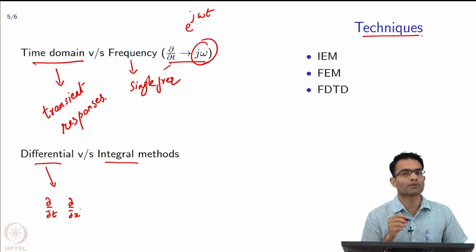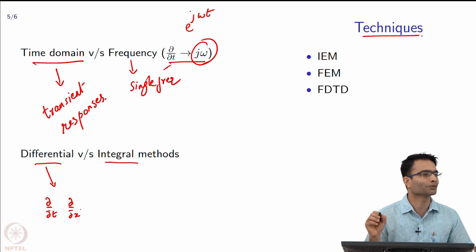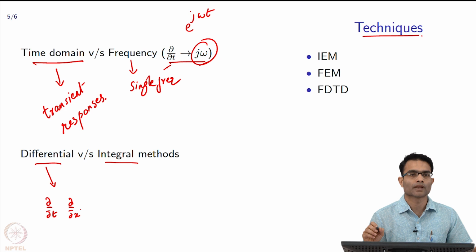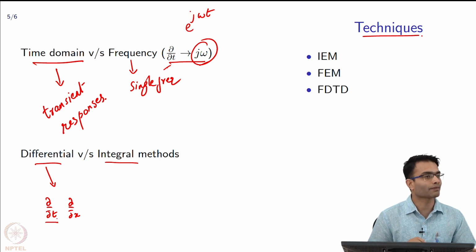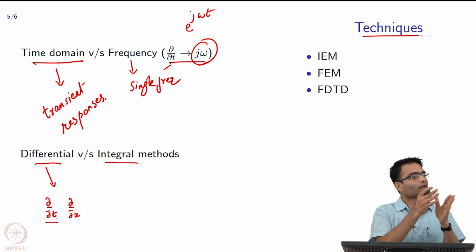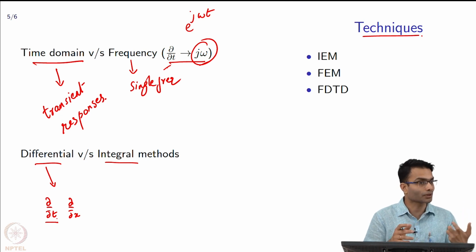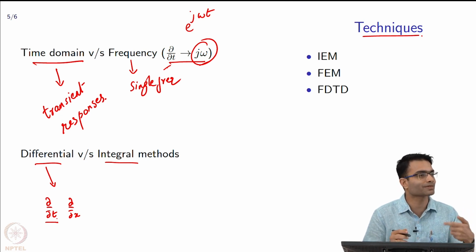If you were to solve this numerically, what would you do intuitively? If there is a derivative in time and you want to solve it numerically, you would? Well, because I am solving it on the computer, I cannot calculate these derivatives analytically.